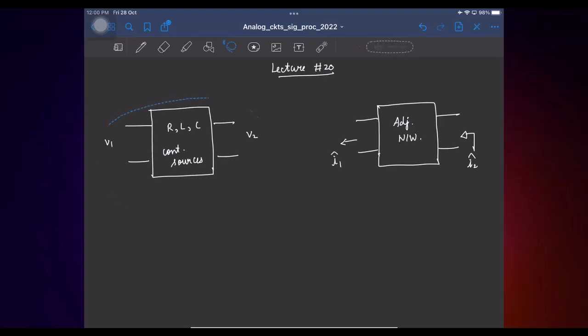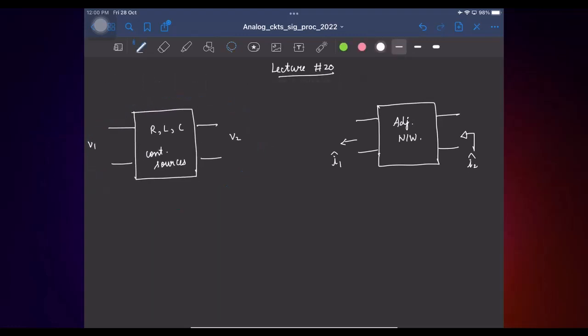And what is the relation between these voltages and currents? V2 in the time frequency domain: V2 of f by V1 of f was equal to I1 hat, where I1 hat is the output current.